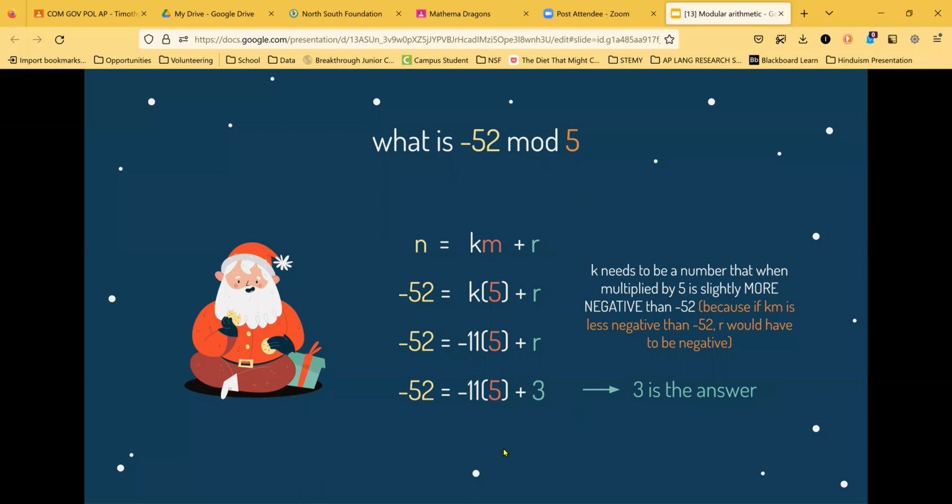So does that make sense? Just type yes in the chat if it does. Otherwise, you can private message me any questions you have. iPad, you said no. So what questions do you have?